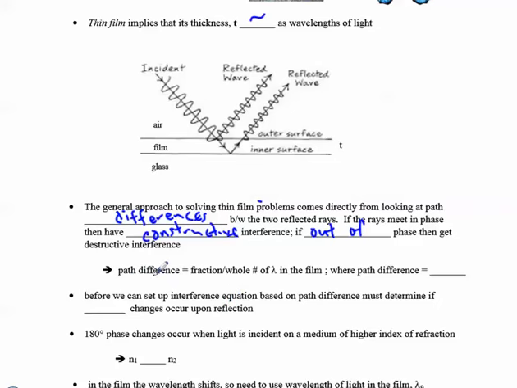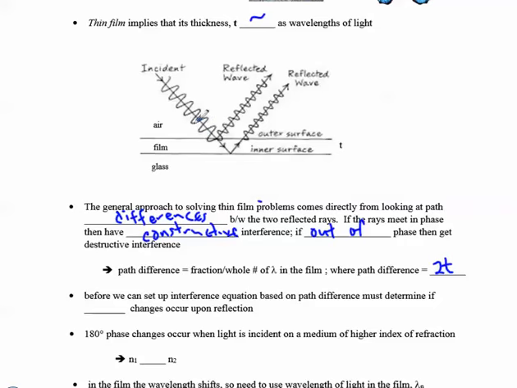The basic idea is that you take the path difference. In almost all the problems, the path difference is going to be nothing more than twice the thickness of the film. The wave has to travel T, bounces back another T before it overlaps the initial reflected wave. We basically set that equal to some fraction or whole number of the number of wavelengths of that particular incident light. If it's monochromatic, then that's pretty straightforward.